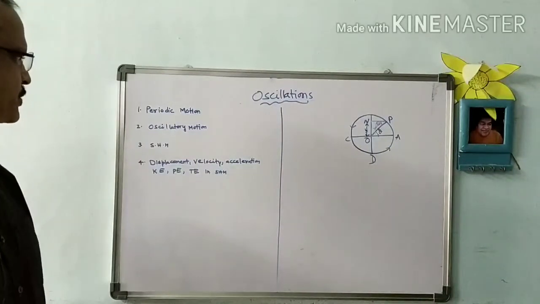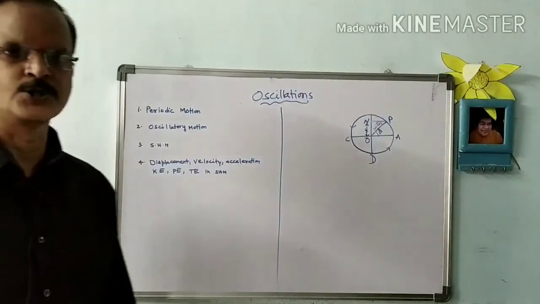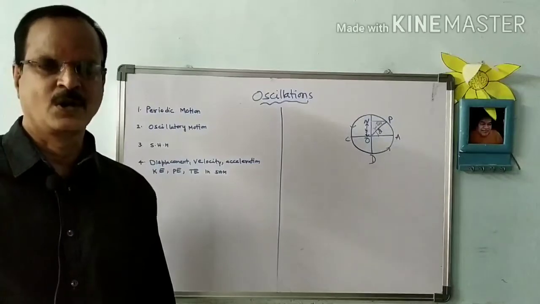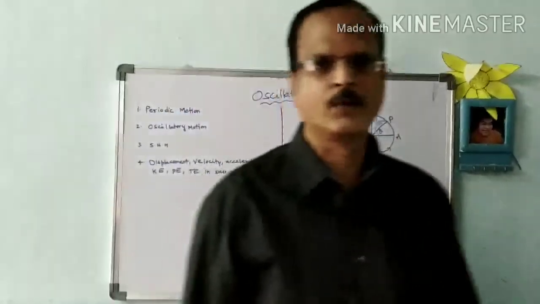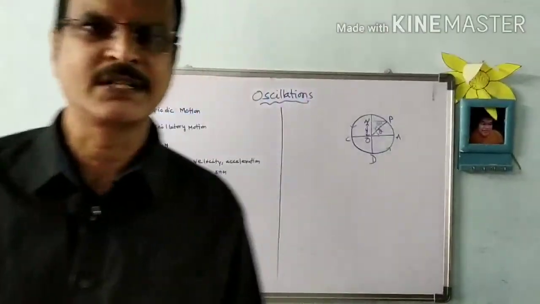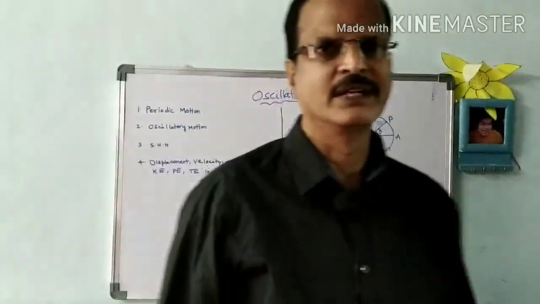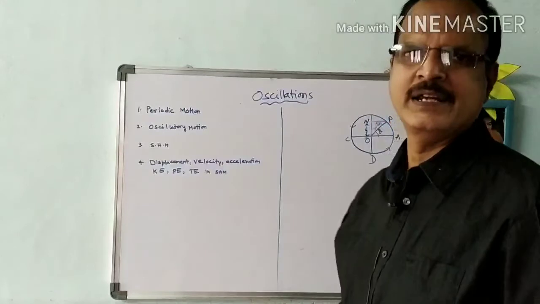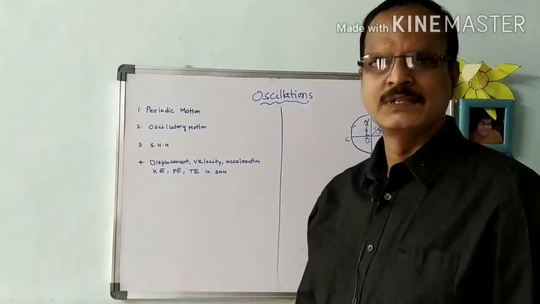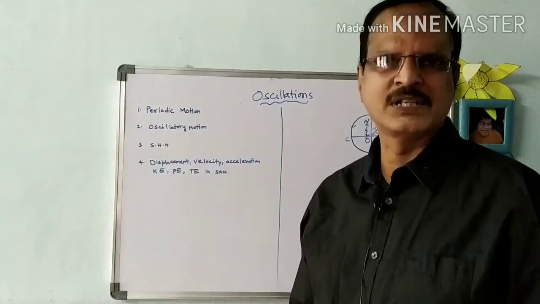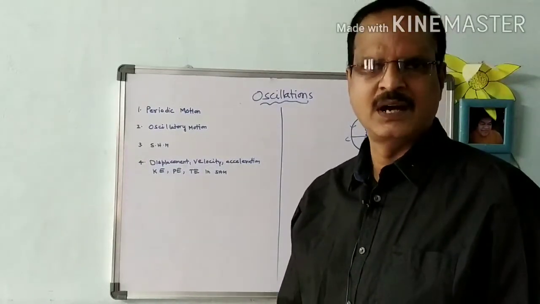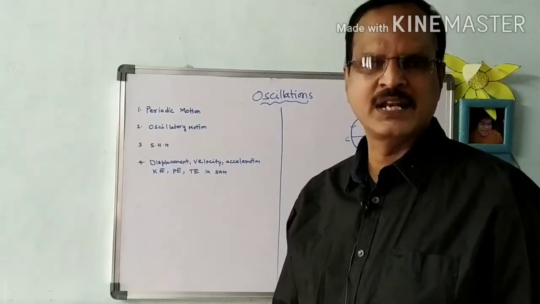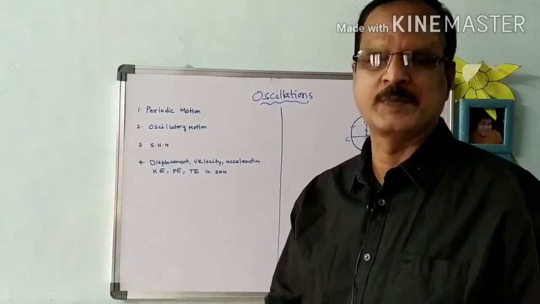Now the next one is oscillatory motion. Oscillatory motion is nothing but to and fro motion about a fixed point. We have the oscillations of a pendulum in a wall clock or the oscillations of a loaded spring.